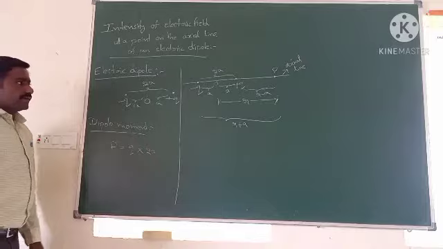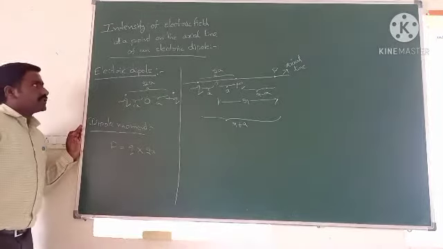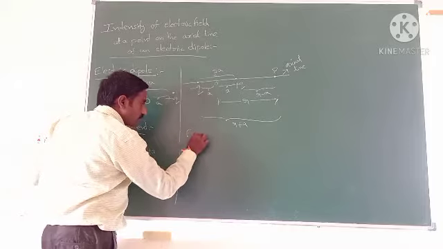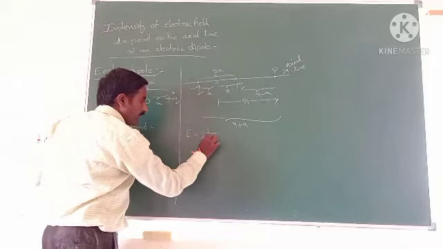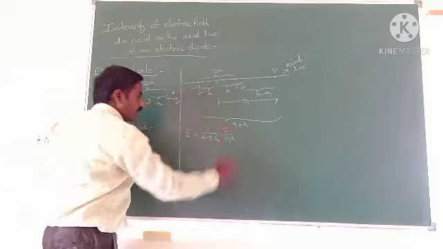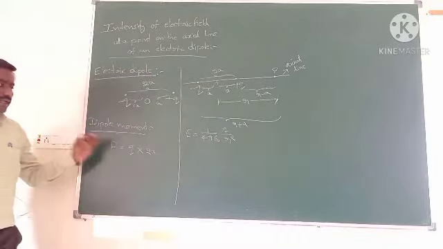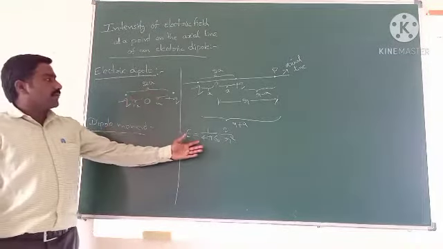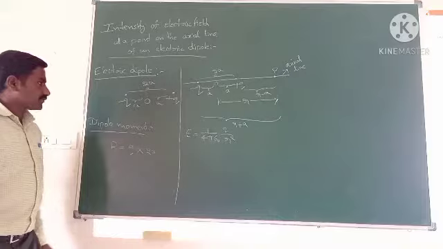In the last class, we derived the electric field intensity due to a point charge. What is the formula? E equals 1 by 4 pi epsilon naught, q by r square, where r is the distance. Now apply that formula on these cases.